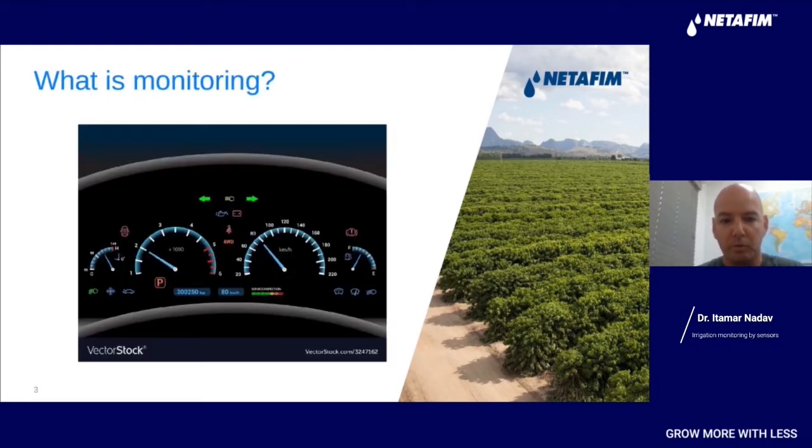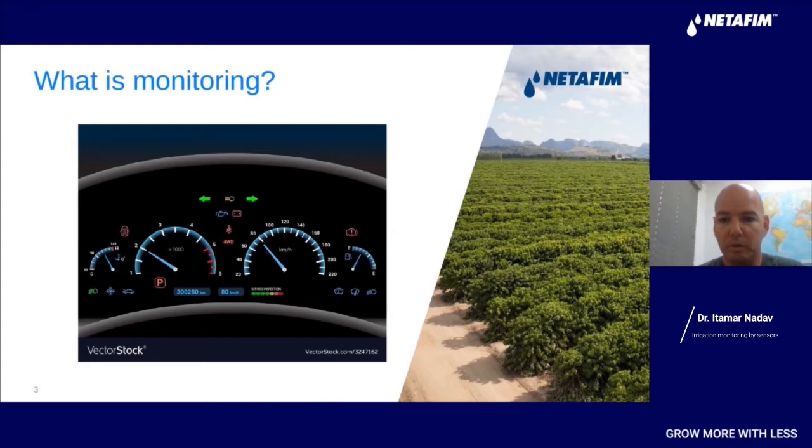So first of all, we need to understand what monitoring is. Monitoring is basically everywhere. In the image that you can see now is the dashboard of your car. There you have a lot of information about how much fuel you have, if the car is getting heated, or what speed you ride at.